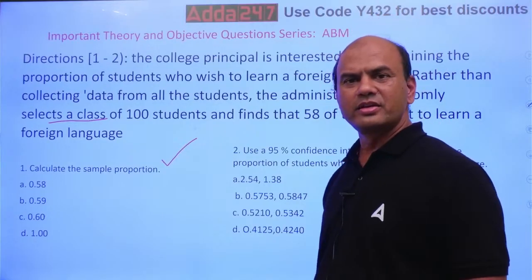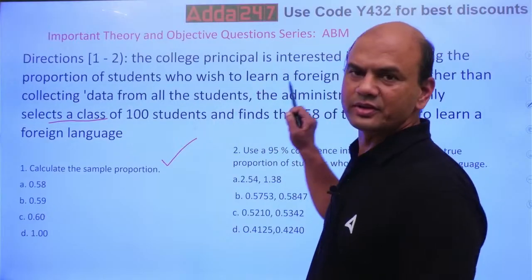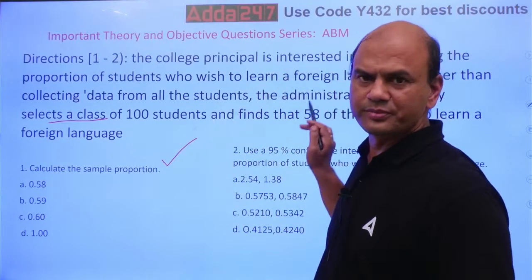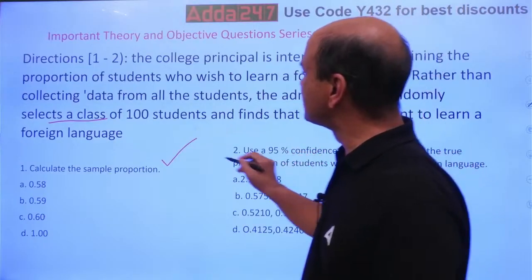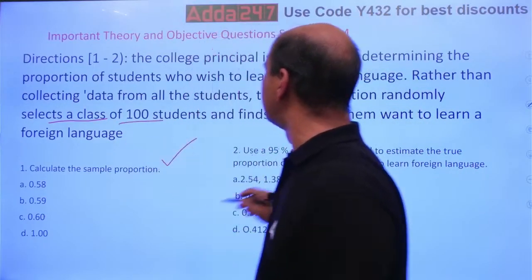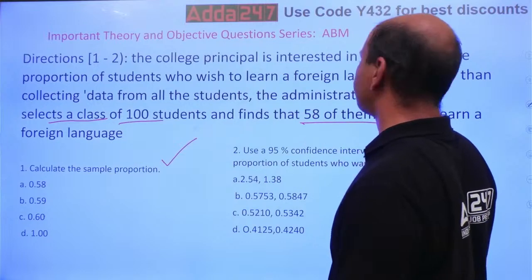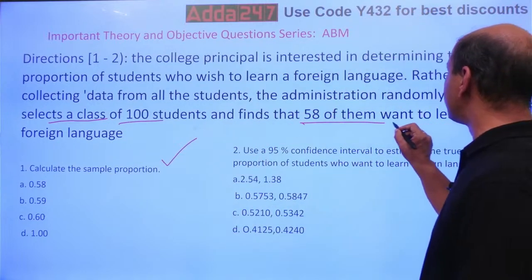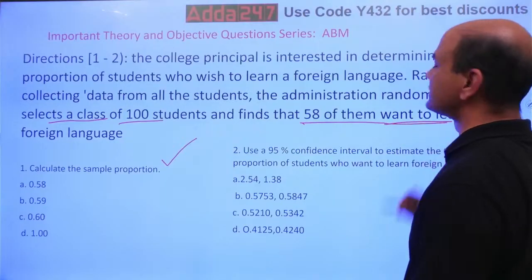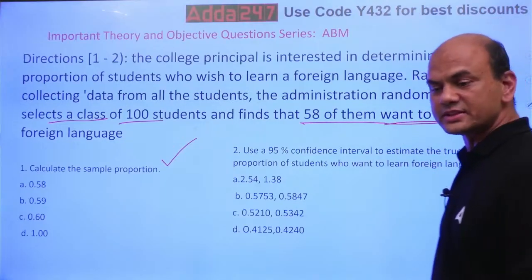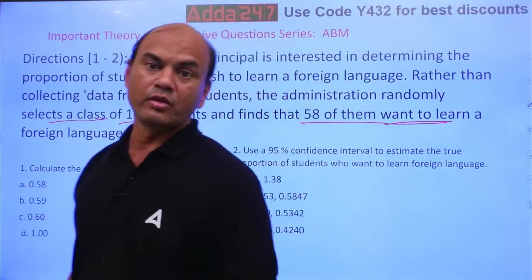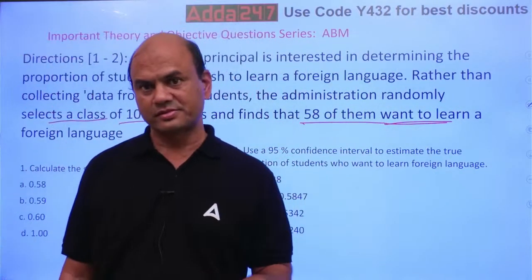Remember, the whole case given to you, only one line is important. Remaining everything is of no use to you. What's important is this: 100 students, class, and 58 want to learn foreign language. Want to learn. Now, this is very important. Who wants to learn? Because your success and failure in any case depends on what is the question asked.